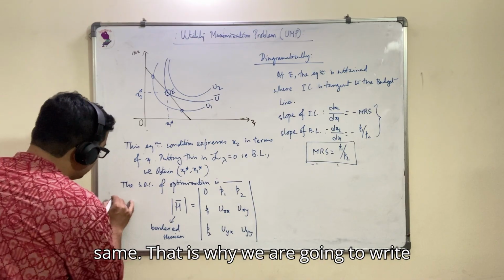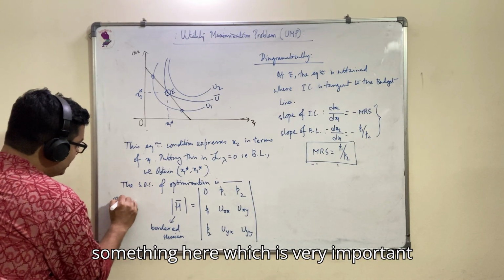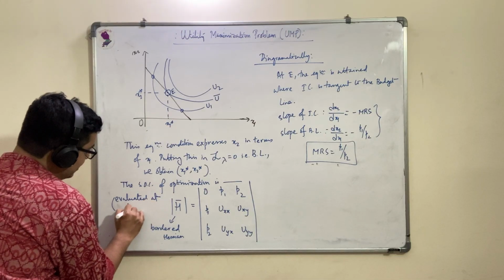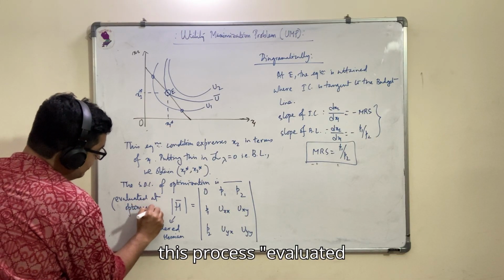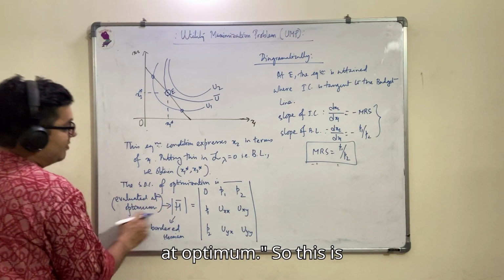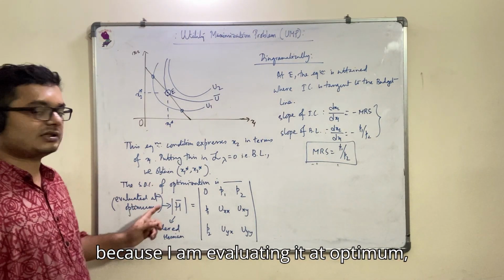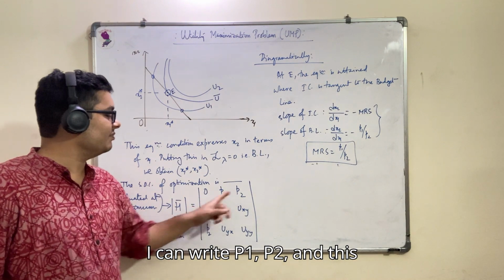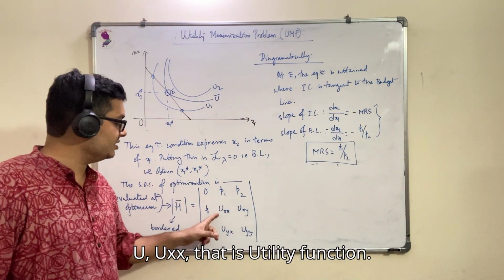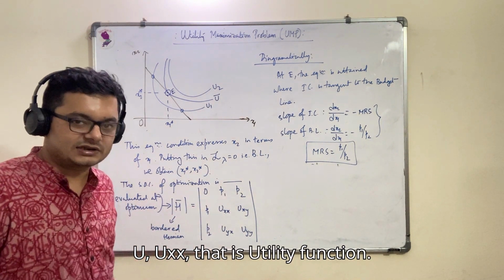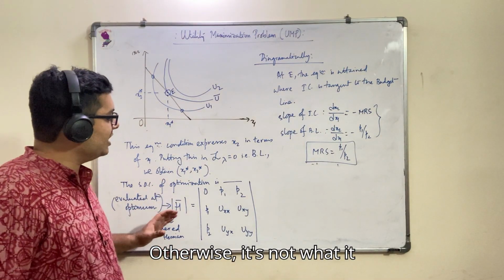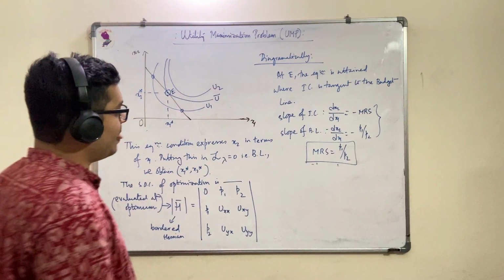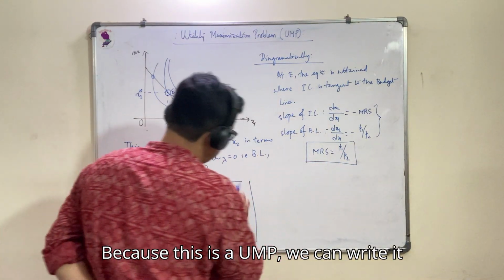And that is why we are going to write something here which is very important to understand this process: evaluated at optimum. Because I am evaluating it at optimum, I can write P1, P2 and this U, UXX, that is the utility function. Otherwise, it's not what it looks like. It's something more general. Because this is a UMP, we can write it here.